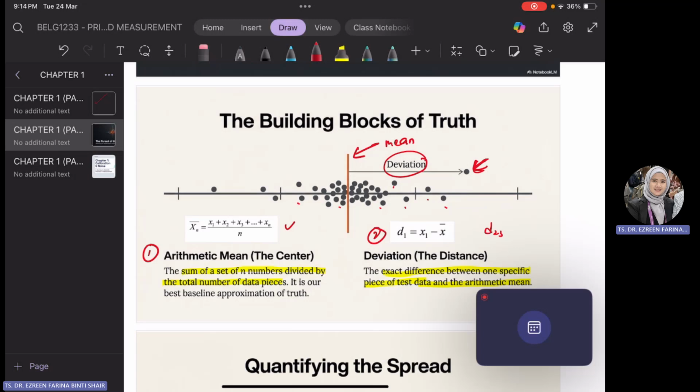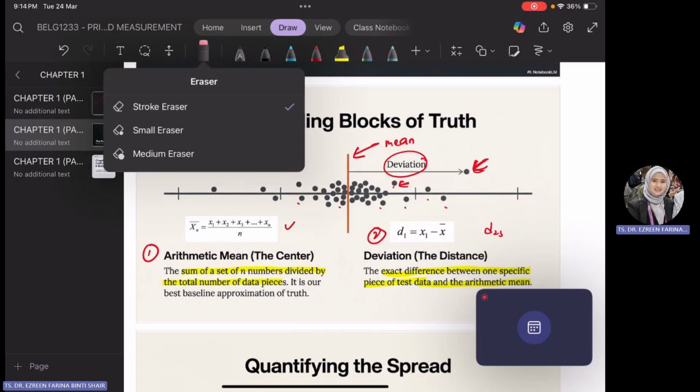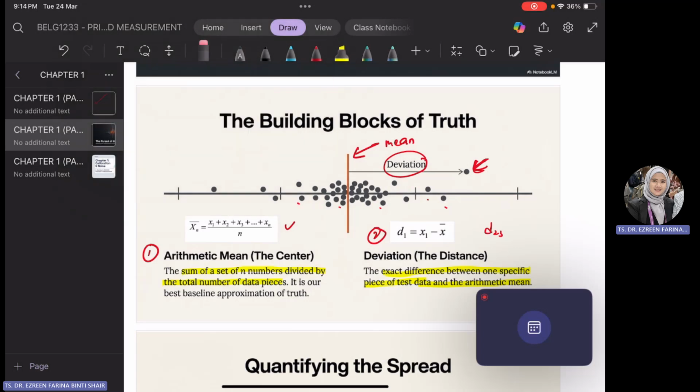If we want to find the deviation of this data, then you need to find the distance from this data to the mean value.